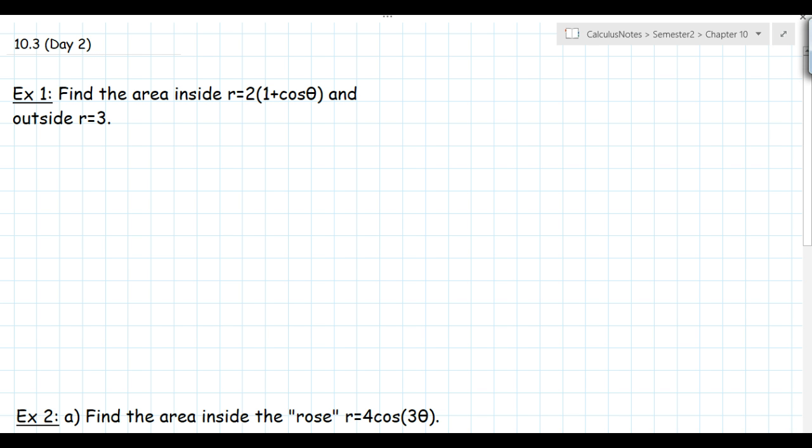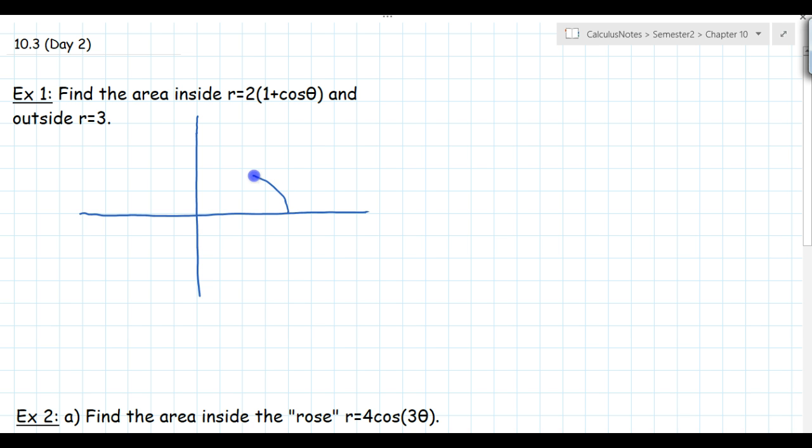Okay, so continuing on with yesterday's notes, we were looking at the areas inside polar regions. For this example, we're going to look at the area inside the cardioid. I think it's the same cardioid we looked at yesterday, but also outside of a circle. So we have two curves involved here.